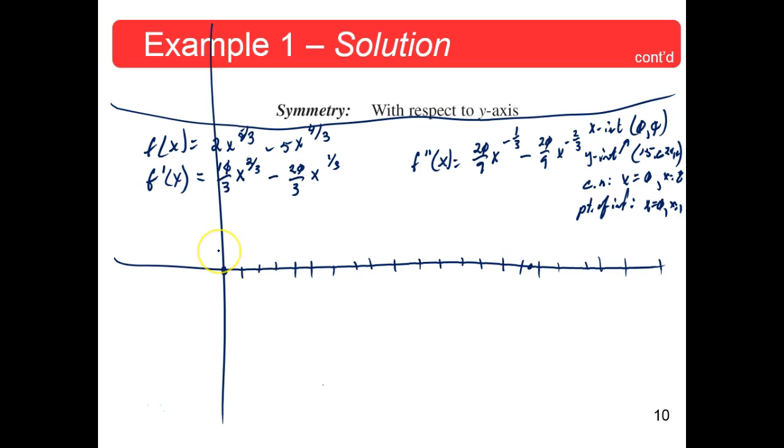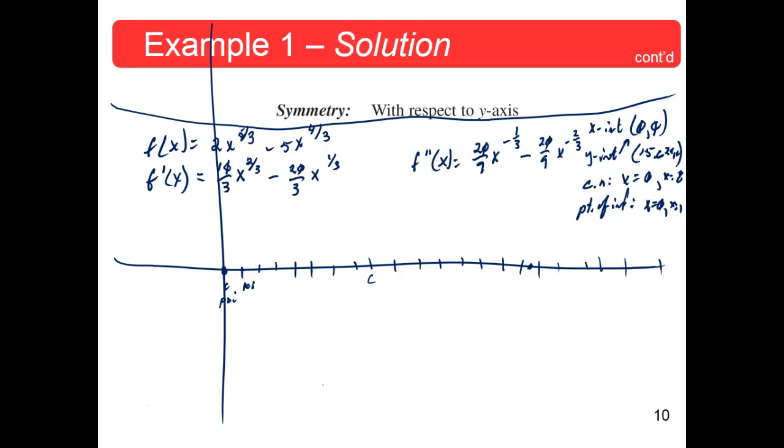We have a critical number x equals 0 and another one at x equals 8. 1, 2, 3, 4, 5, 6, 7, 8. I'm just going to put this as a critical number and point of inflection, and this is a critical number. Point of inflection, this is also POI, and x equals 1. Goodness gracious, that's a POI. I guess we determined it. That's a POI.